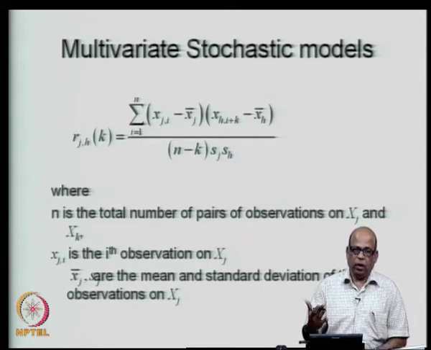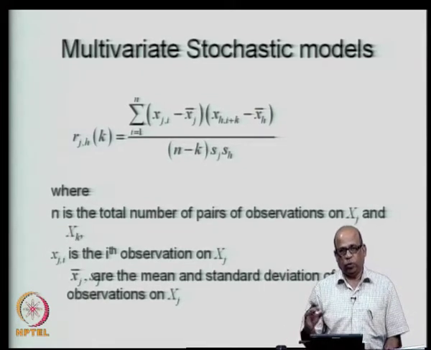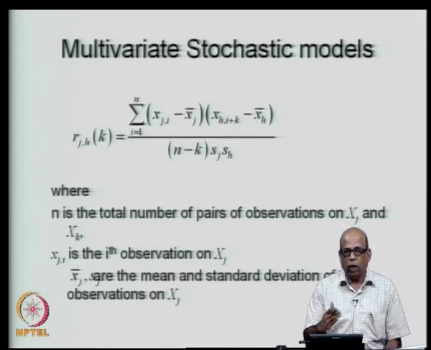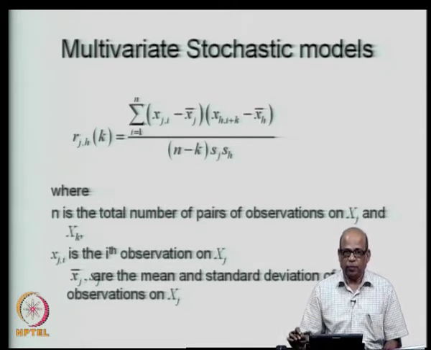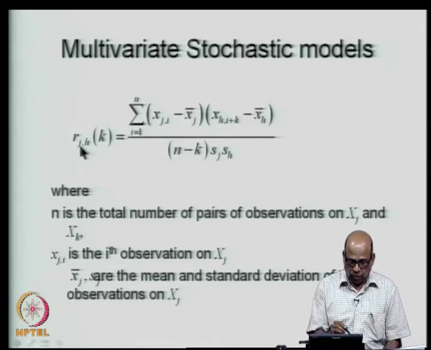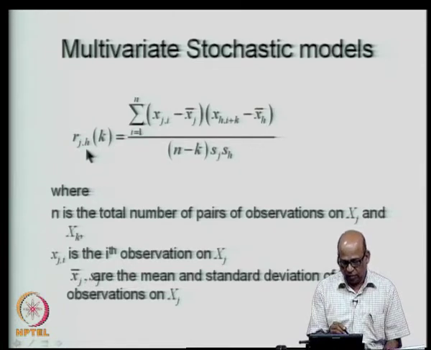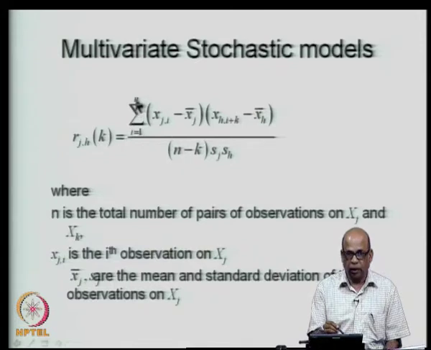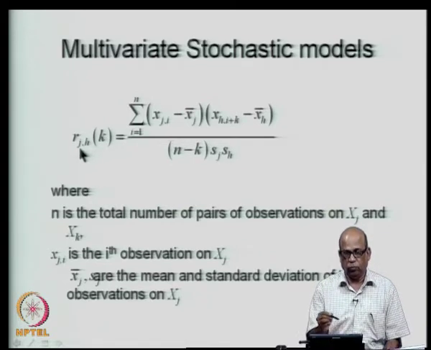And we use the same expression as we use for cross correlation, except that we now lag the series by k time steps. So, we are talking about the lag k cross correlation between the flows in site j and site h. This is given by, you take the flow in site j for the time period i equal to 1 to n, where n observations are available, and deduct the mean of the flows at site j.